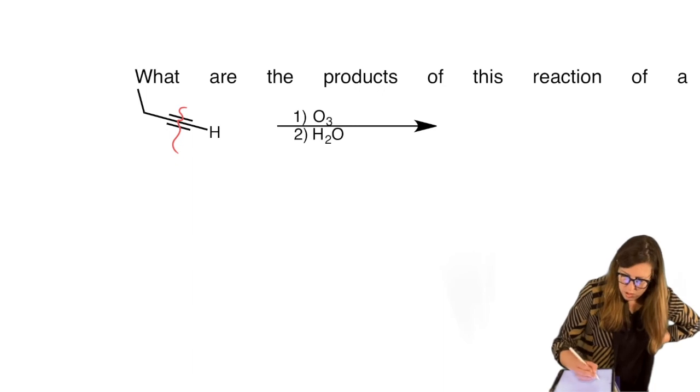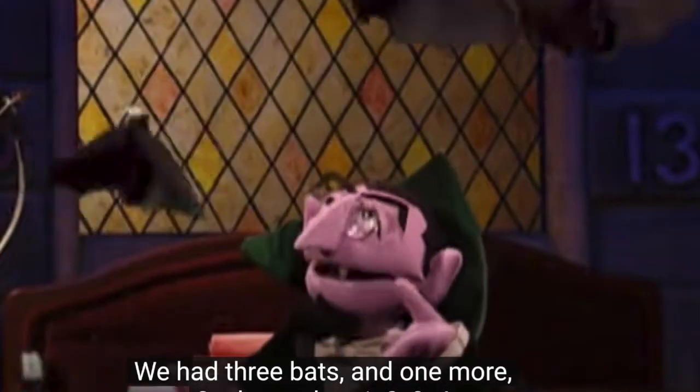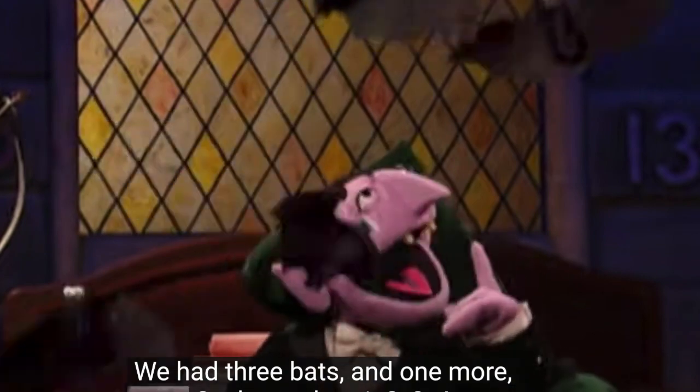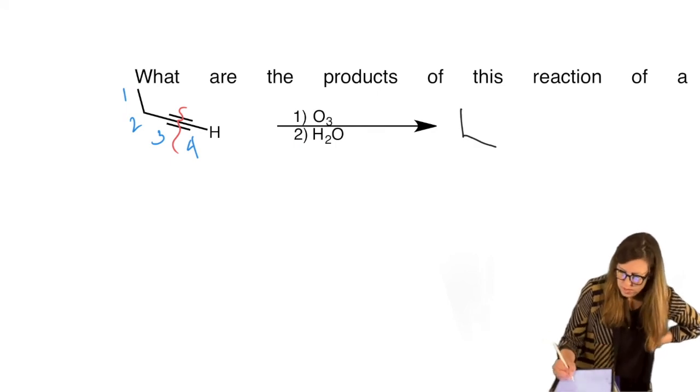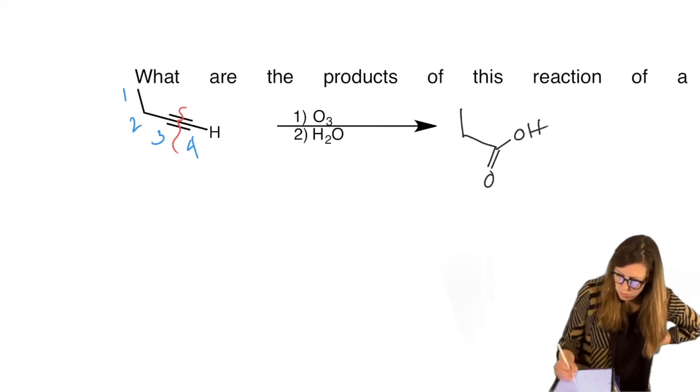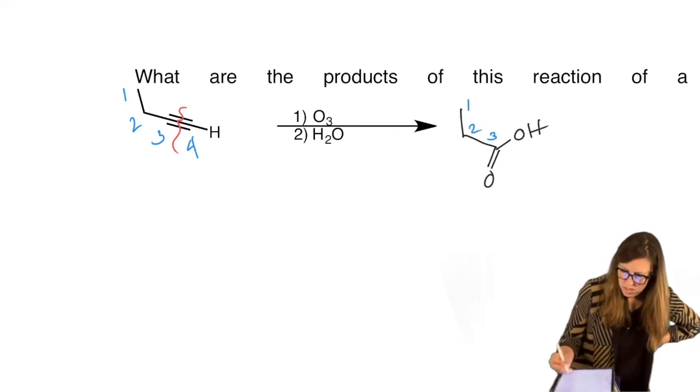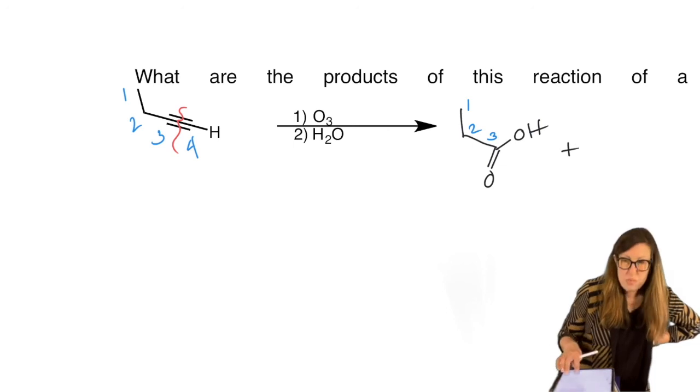So let's count our carbons. 1, 2, 3, 4. Makes 1, 2, 3, 4 all together. You're going to get your 3 carbon chain. 1, 2, 3. Carbon 3 gets the carboxylic acid functionality. 1, 2, 3. Carbon 4 becomes CO2.